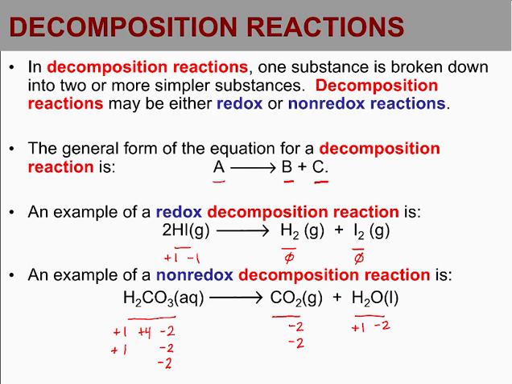And in order to balance that, carbon must have a value of +4. So none of the oxidation numbers changed for the elements in this reaction, and that's why it is a non-redox reaction. But again, for a decomposition reaction, you have one reactant and multiple products.